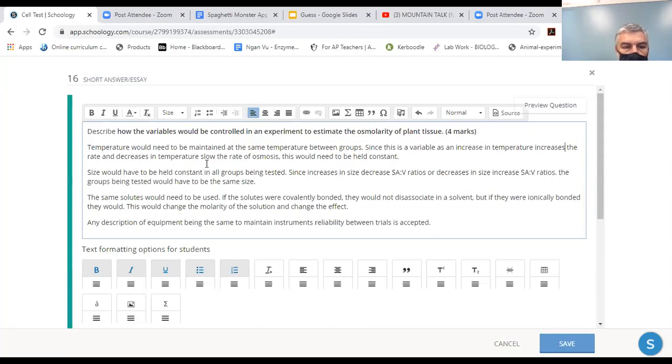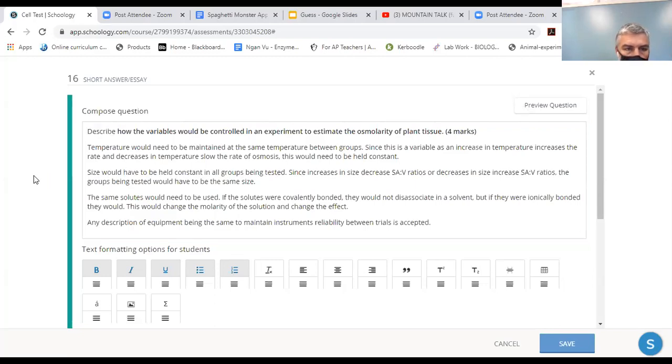So you need to describe what's going on here. Not just that you used temperature, but describe how you would do this. Size would need to be held constant, and you tell me why that is. Don't just write one word, because you're not going to get a mark if it says describe it.